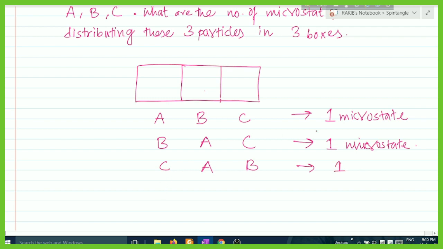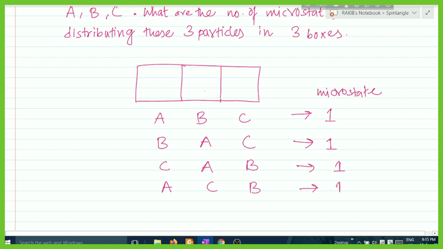Okay, let me label the number of microstates here. These are microstates. Also you can arrange them as ACB. This is another microstate.